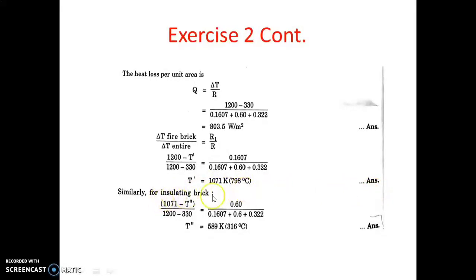Similarly for the second junction, that means T double dash, you again take the temperature ratio and resistance ratio.